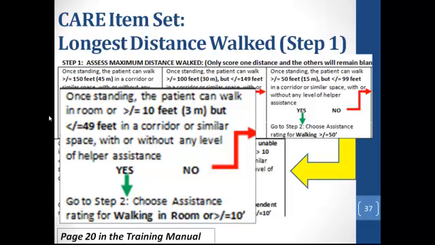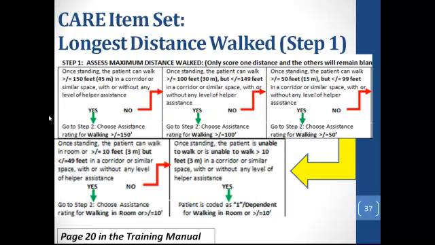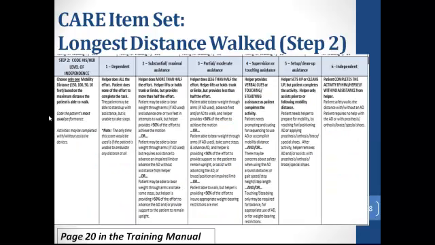The next step is to choose your level of assistance. Focus on the usual level of performance, even over these walking distances, when their performance or level of assistance required is variable. You might have a situation where a patient is independent walking at 50 feet, but maximum assistance walking at 75 feet due to pulmonary issues.